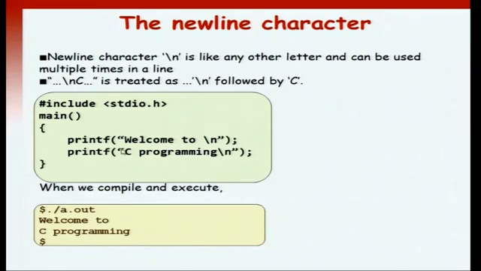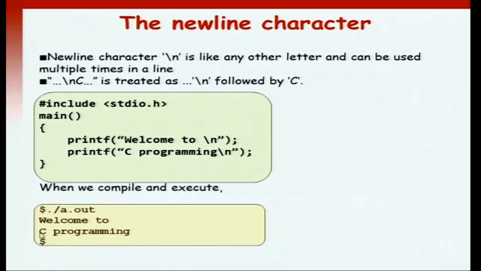If you have the old program that we just wrote, but we end each message with a \n. So, we have printf "welcome to\n", printf "C programming\n". When we compile and execute, we will see something new. When we run this as ./a.out, it will print welcome to, and then the next thing to print is a \n, which is a new line.